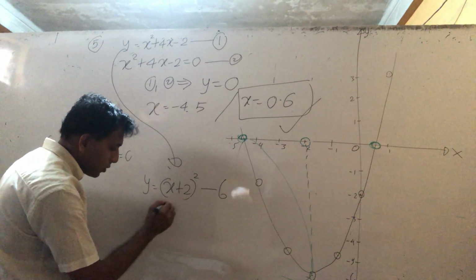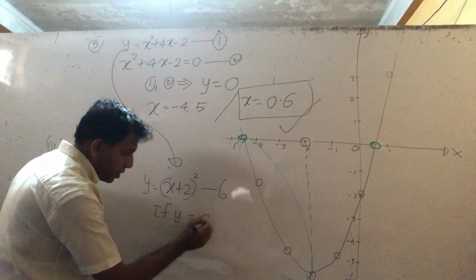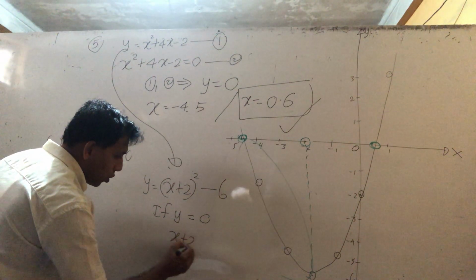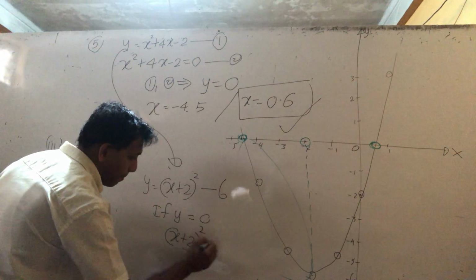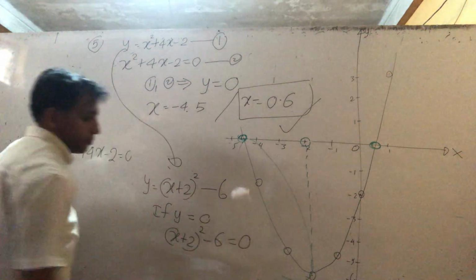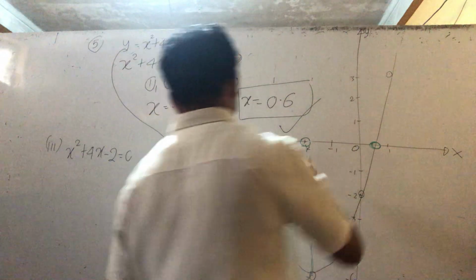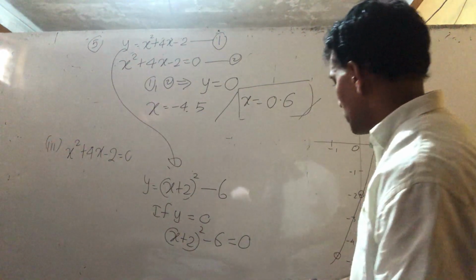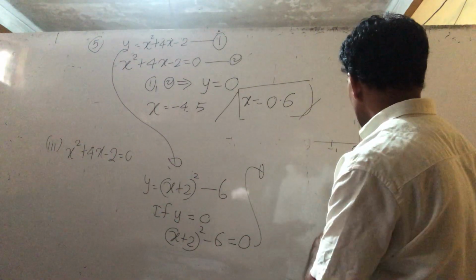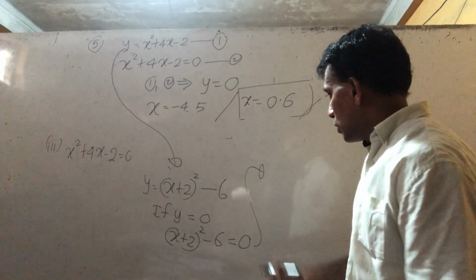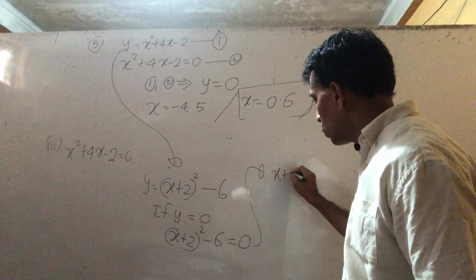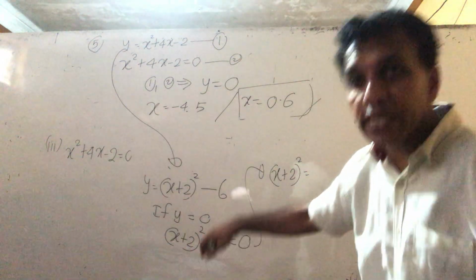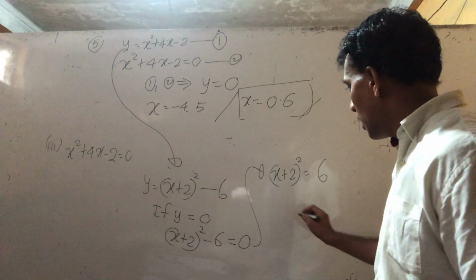So if y is 0, (x plus 2) all squared minus 6 equals 0. So (x plus 2) squared, take the minus 6 to that side, plus 6.